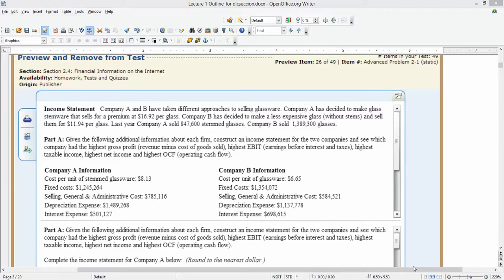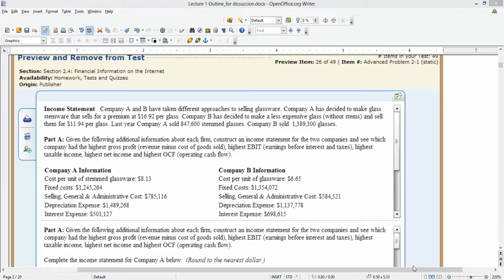So what we want to do is, given the following information, 1692 per glass for company A, 1194 per glass for company B, in terms of revenue per unit.